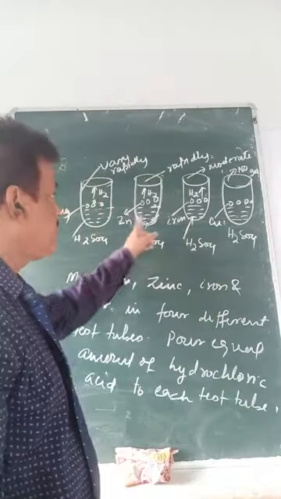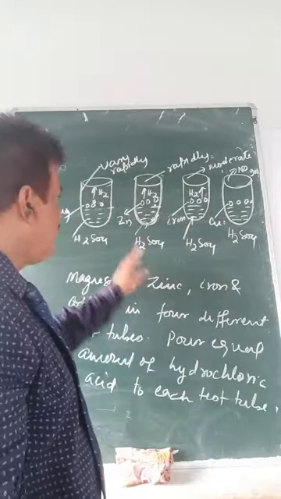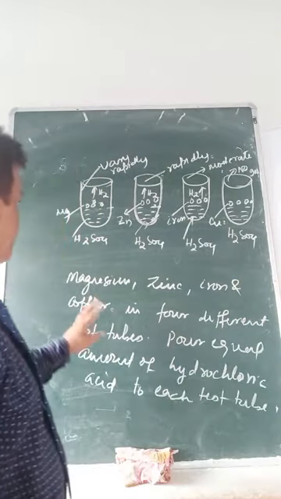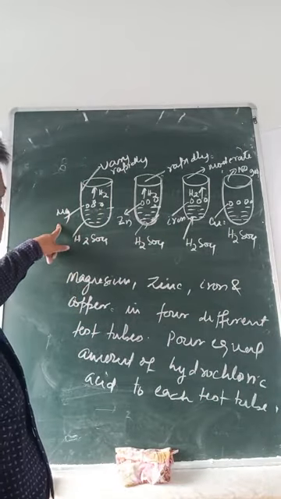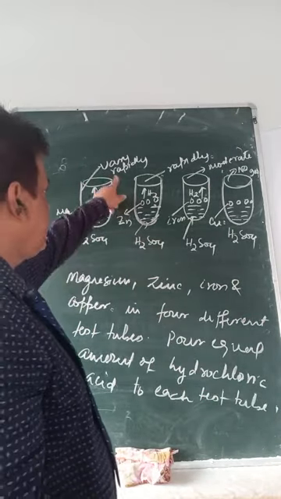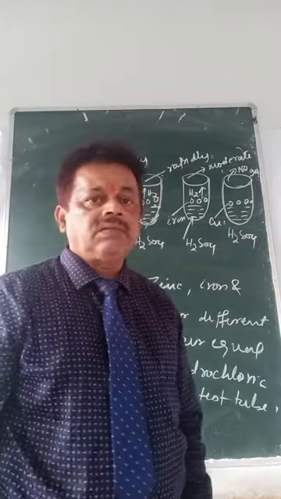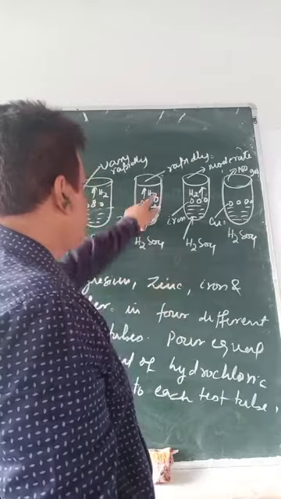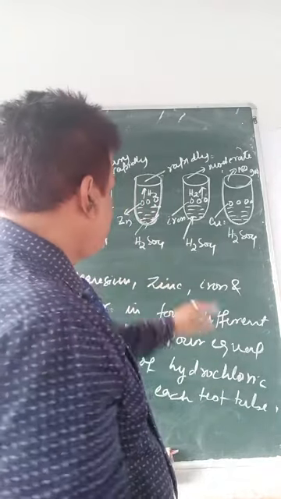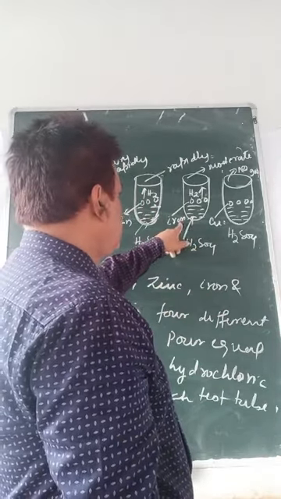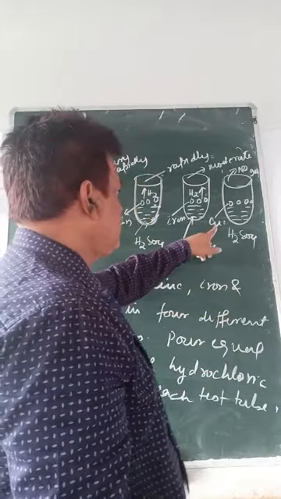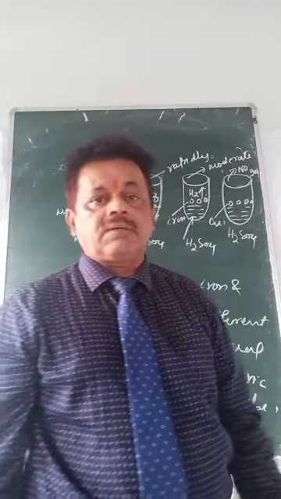So that is the reaction we got. These are the observations we have made. So you can write: magnesium with acid very rapidly, zinc with acid rapidly but slower than this, then iron is moderate and copper shows low evolution of gases.